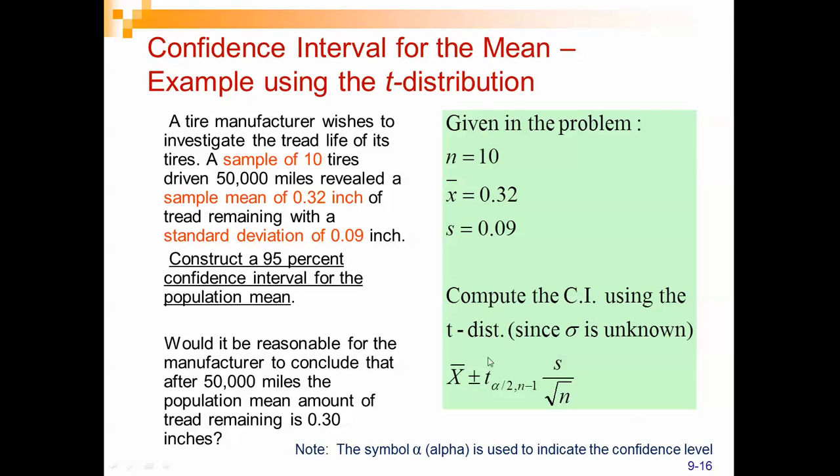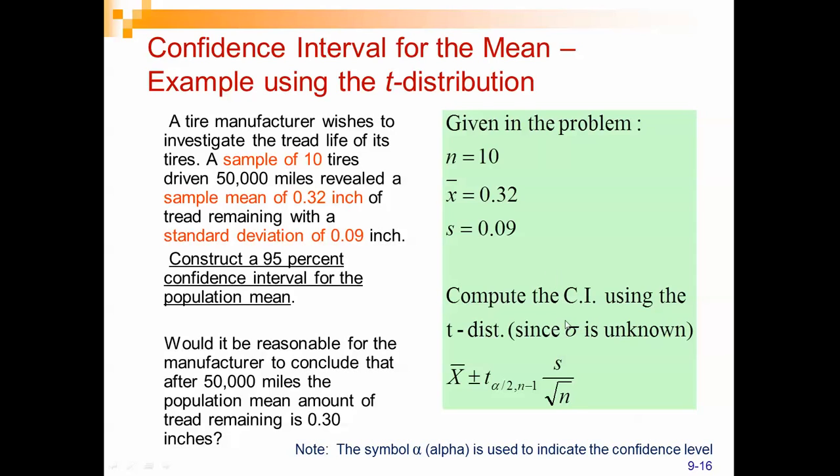And in our example here, just notice that this symbol alpha here is to indicate our confidence level. And what we're given in the problem is an n of 10, an x bar of 0.32 inches, and a sample standard deviation of 0.09.